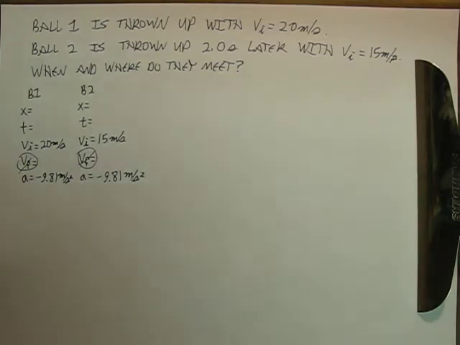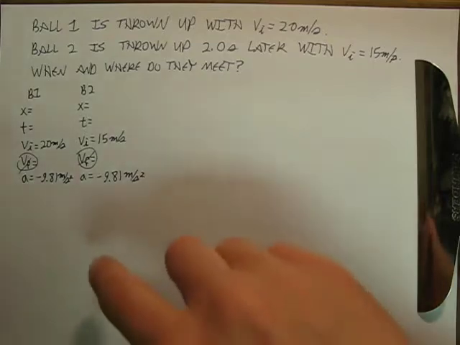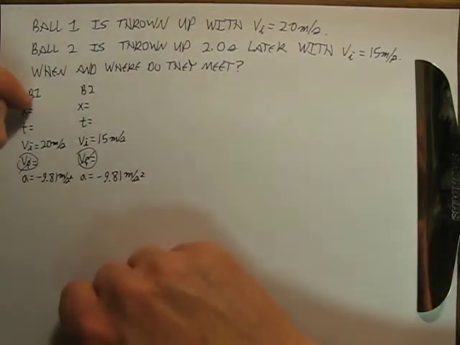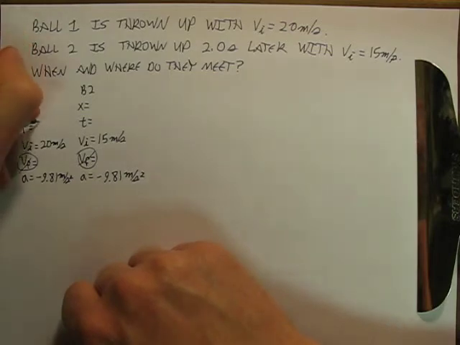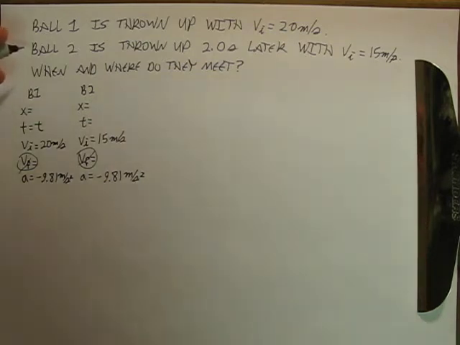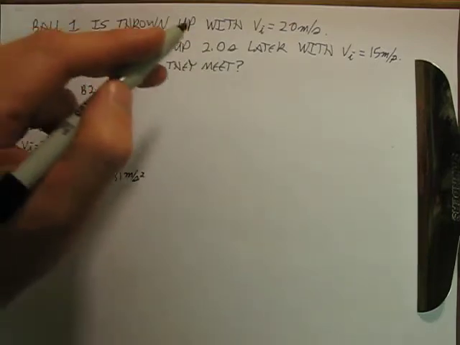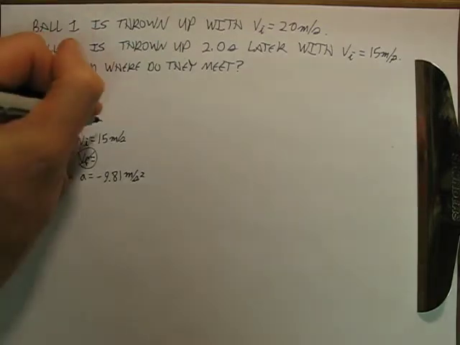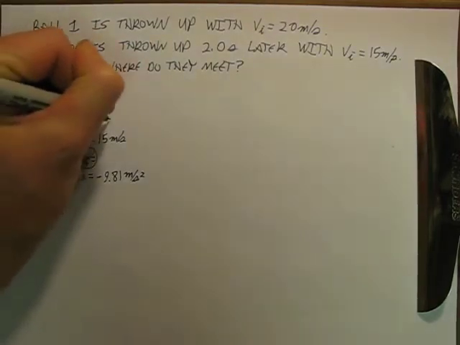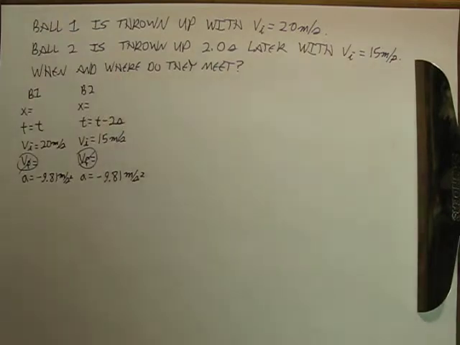Now, this is where we have to do a little bit of thinking. I don't know the time that it takes ball 1 to go from when it is launched to when it meets ball 2. So whatever that time is, I'm going to call it T. Now ball 2, from the time that it's launched to the time that it meets ball 1, is going to be 2 seconds less. So ball 2 is going to be T minus 2 seconds.